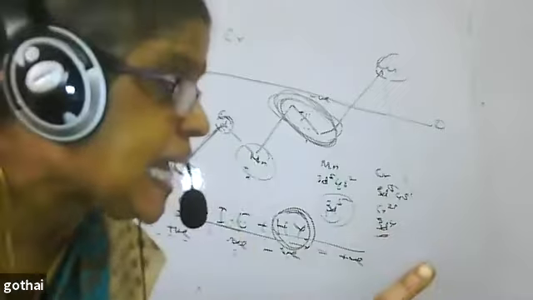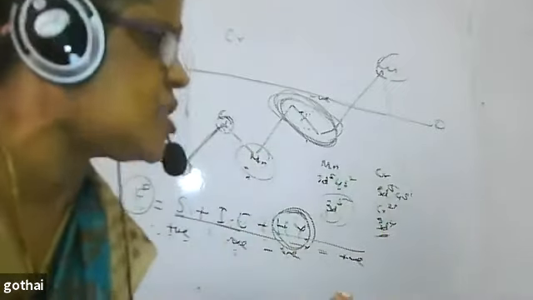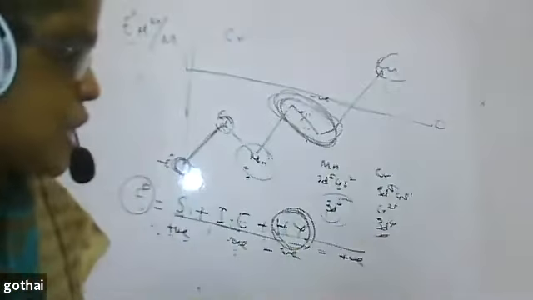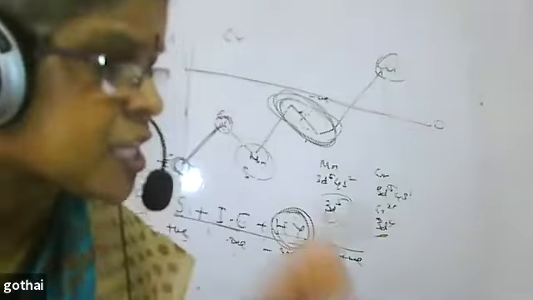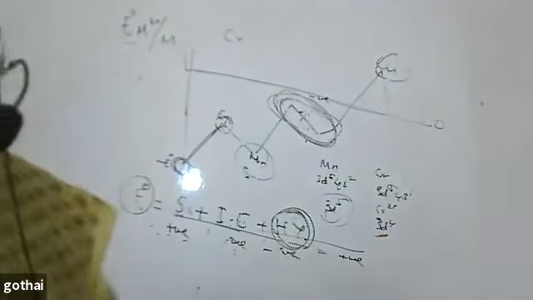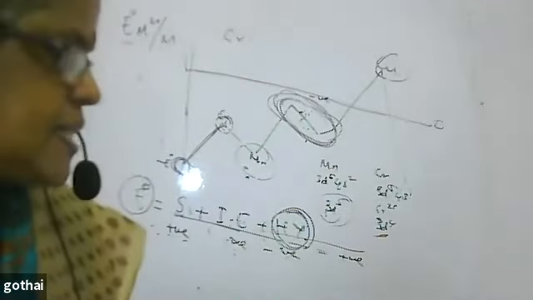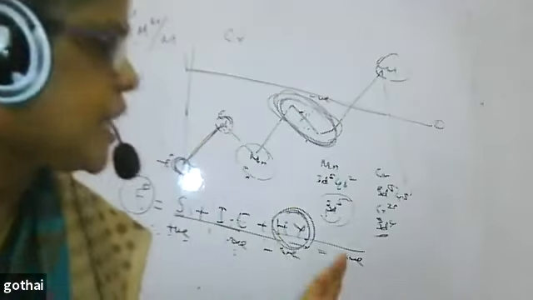But your competitive exams, both NEET and IIT, will talk about either oxidation potential or reduction potential. It is not that they will talk only in terms of reduction potential. So whether it is reduction potential or oxidation potential, you have to check. But for those dealing only with CBSE, no need to worry. They are dealing only with reduction potential.